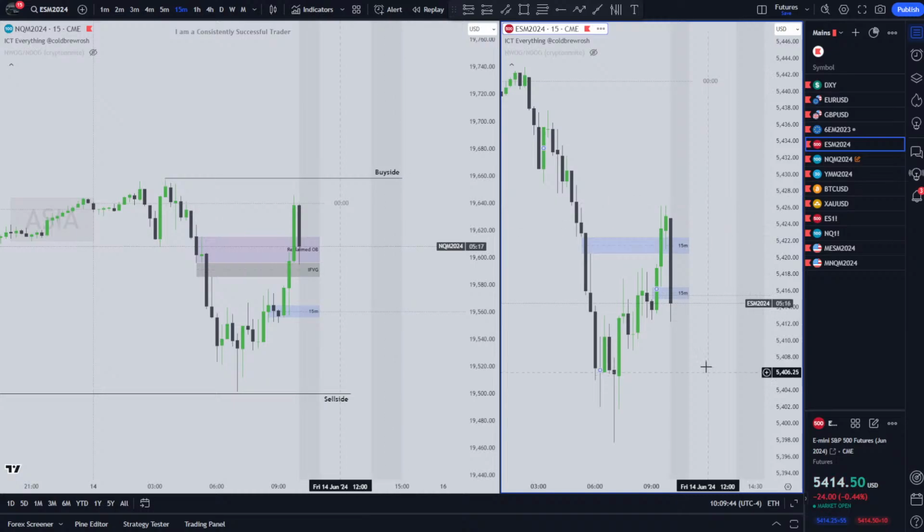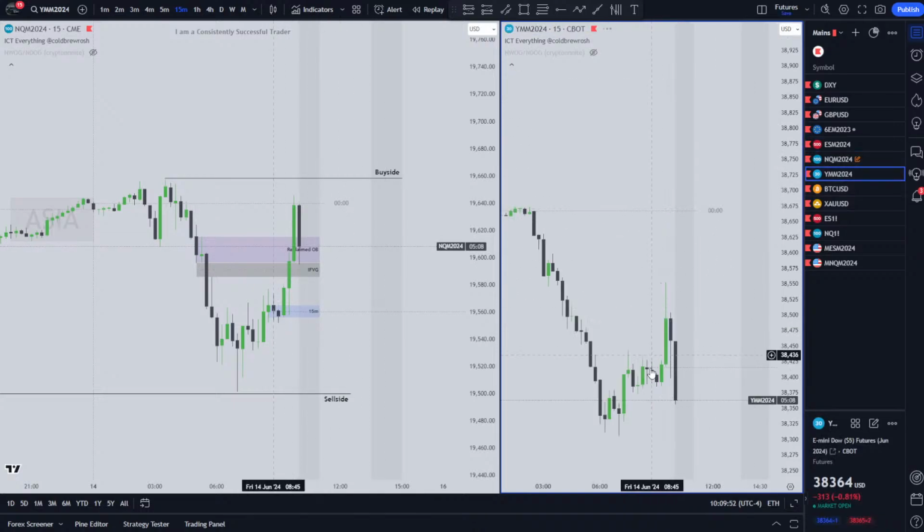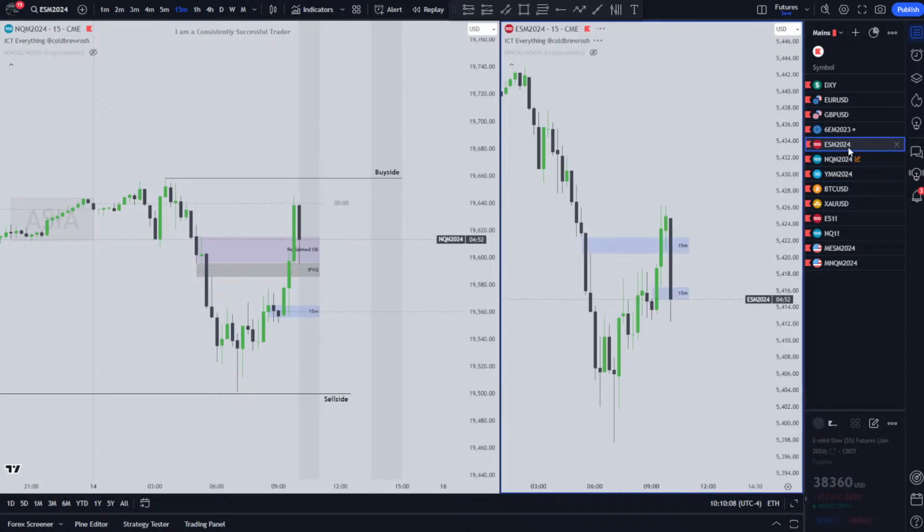So yes, order block, fair value gap. It's in this larger, higher time frame fair value gap. However, it is creating a bearish PD array, or 2 bearish PD arrays, and potentially 3 if it inverses that, which is definitely not good.